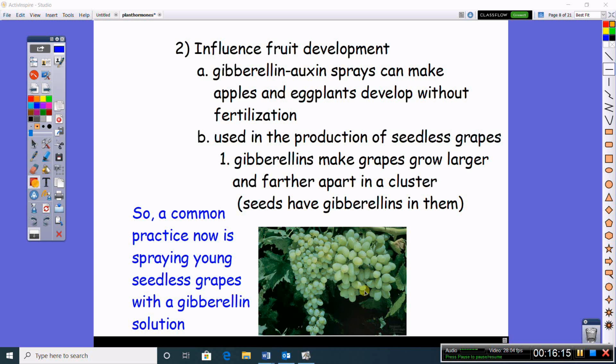So when we don't have the seeds there, we don't have the gibberellins, and it makes the grapes a lot smaller and closer together, and people didn't like that as much. So then what scientists figured out they could do is they could spray young seedless grapes with a gibberellin solution, which would make them grow to their normal size and grow out a little bit more spread apart in the bunch.